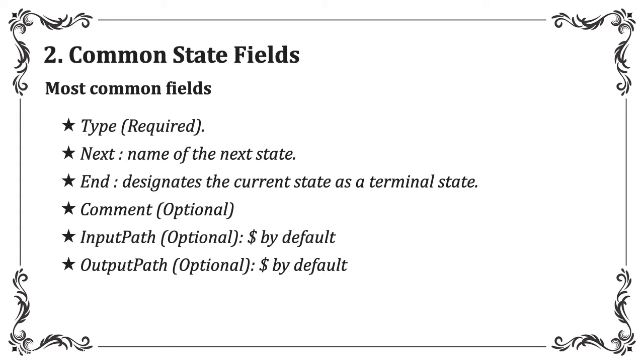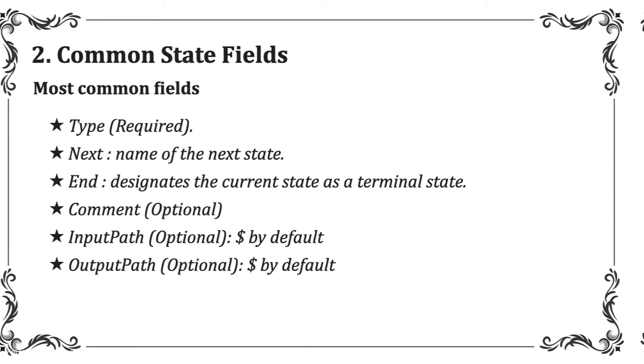But the output, if omitted, would be passed to the next state. It has also the value $, which designates the entire output. I hope we will learn more about input and output processing in a future lesson.